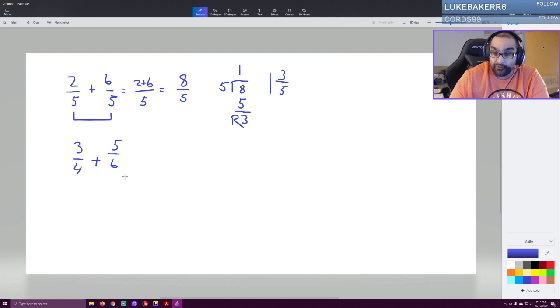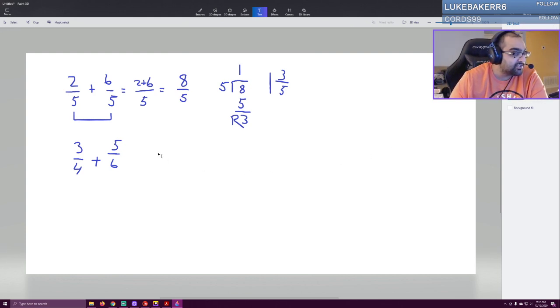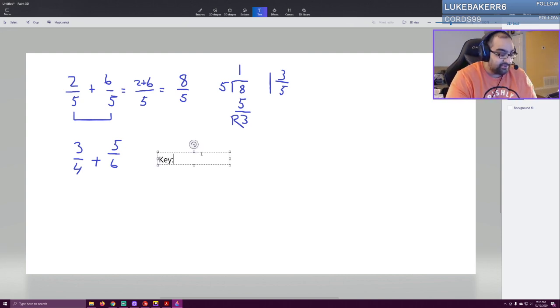Now, the first thing that we have to do here is to find the common denominator. Remember, that's the biggest key in this entire section when it comes to adding and subtracting. As we've talked about here, adding and subtracting, I'll freely admit, is the toughest part about this section. But that's something that we do need to identify here. Find the common denominator.